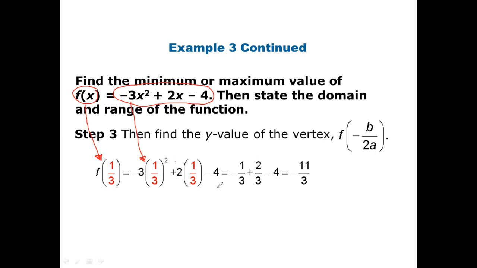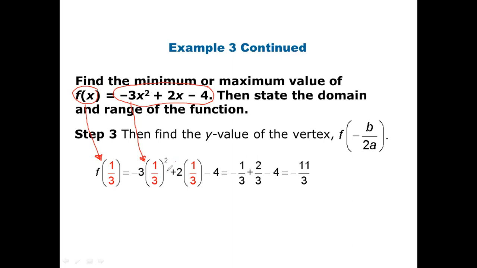Minus 4. Okay, so that you have here -1/3 plus 2/3 minus 4 equals, take note, they now have the same denominator. 1 squared is 1 times -3 is -3.